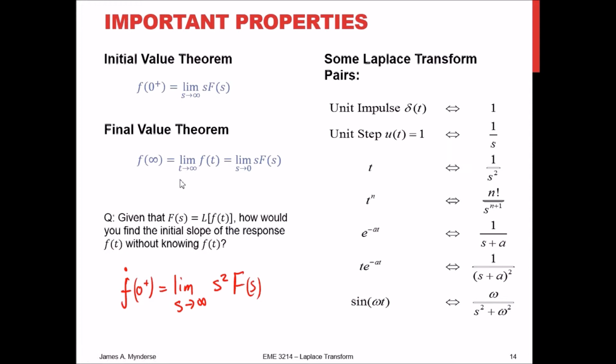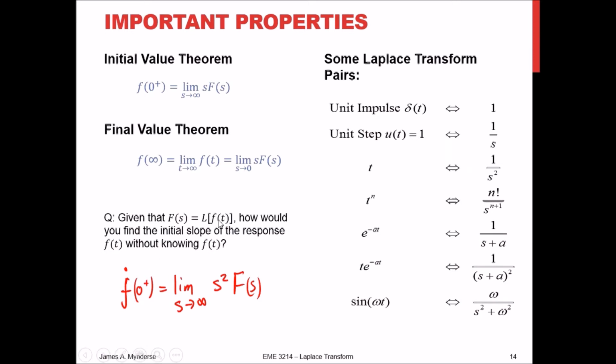So, given that F of s is the Laplace transform of f of t, how would you find the initial slope of the response of f of t without knowing the function f of t? The initial slope is differentiation, right? We want to find the initial value of the derivative. So we need to find the Laplace transform of the derivative.